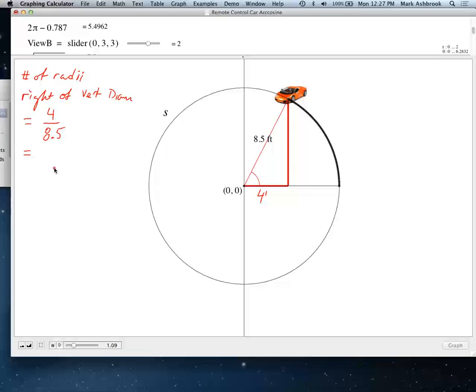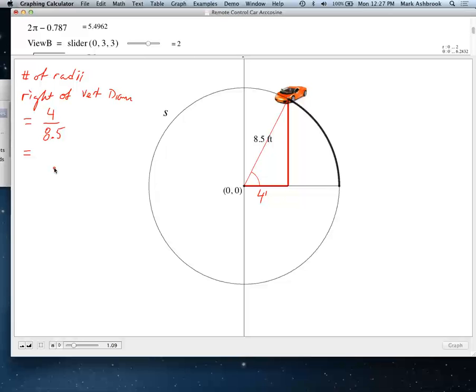The number of radius lengths to the right of the vertical diameter. What is that? He said sine. Arc sine. Is it sine or arc sine? Just cosine. Arc cosine. We got all 4.